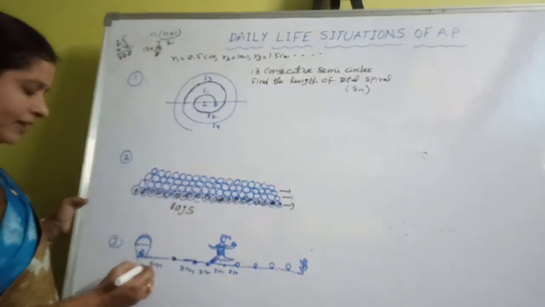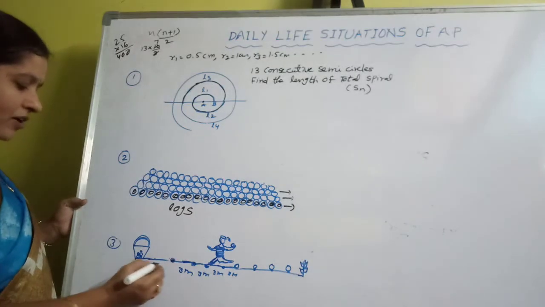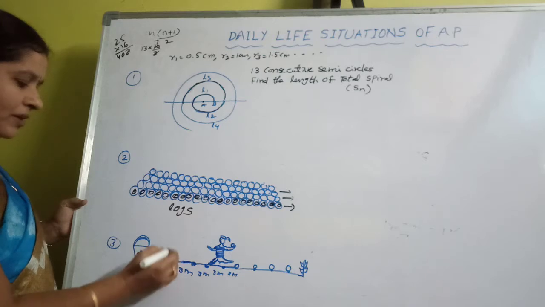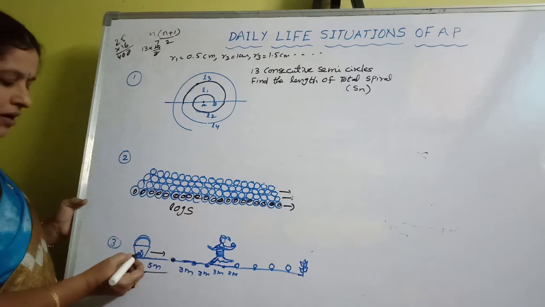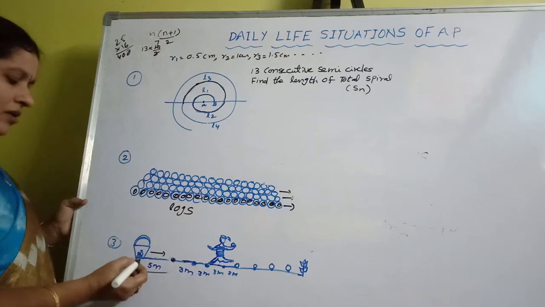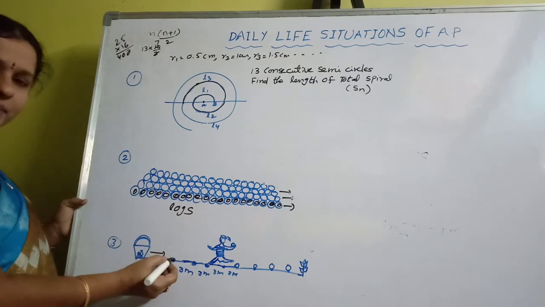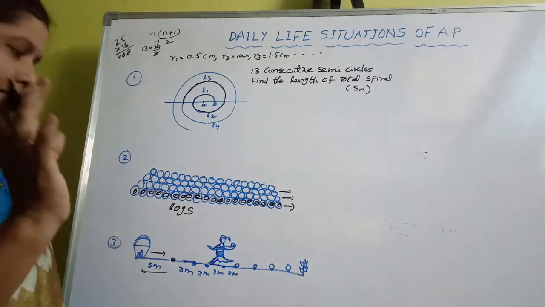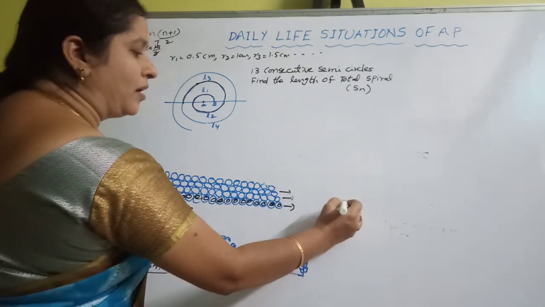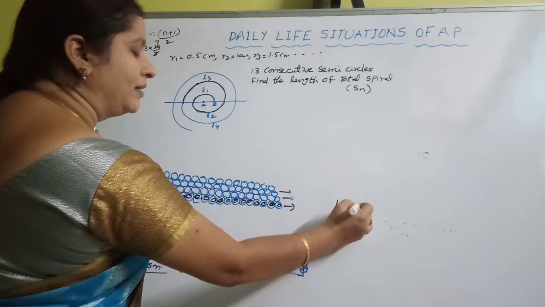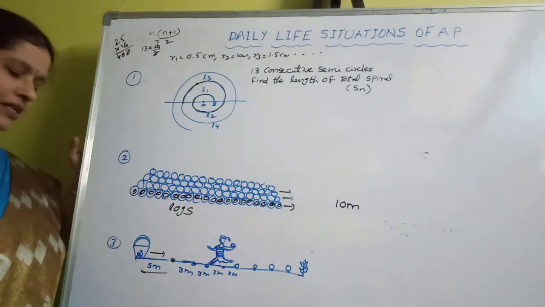Here you have to take two directions, forward and backward. So 5 meters plus 5 meters, total he travelled 10 meters to pick up the first ball and drop it into the bucket.